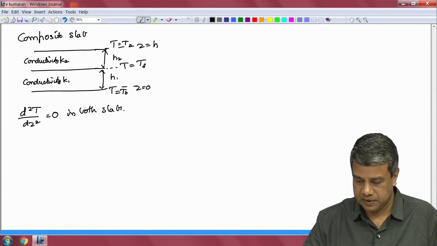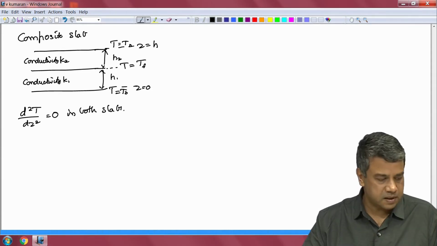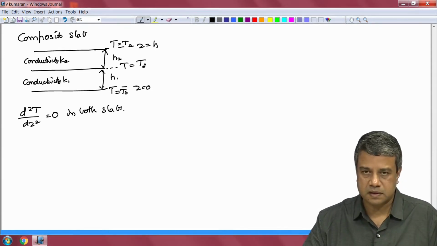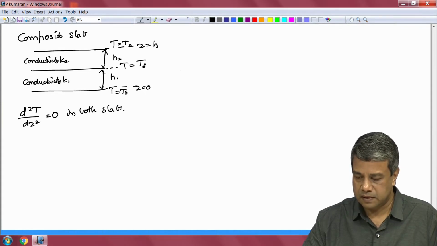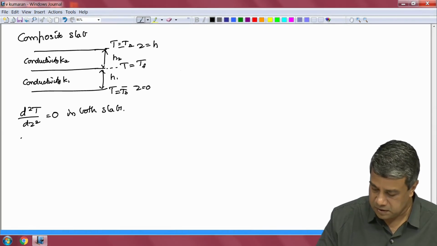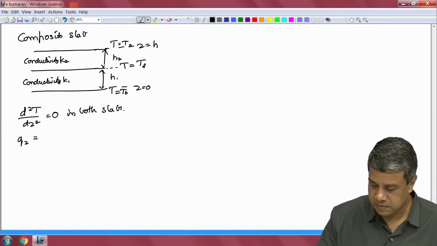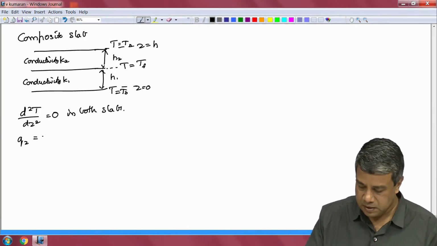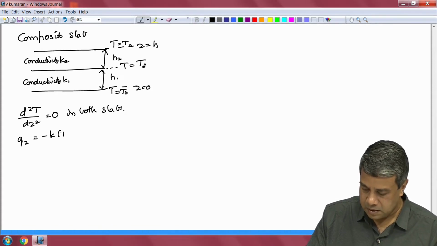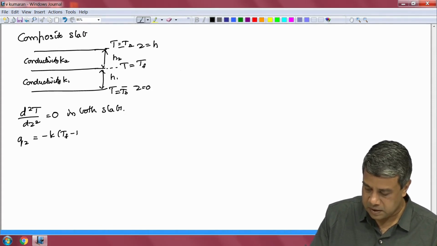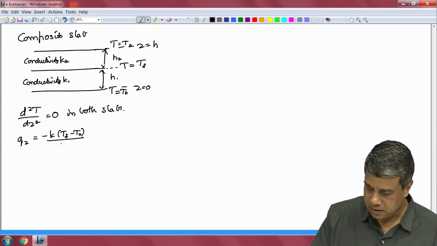So, in both slabs the temperature has to be linear functions, and therefore, the heat flux in both slabs is going to be equal to minus K into Tf minus T naught by H1.